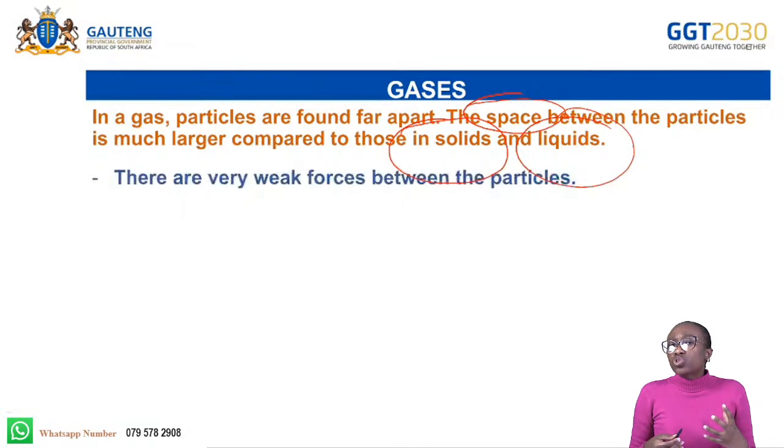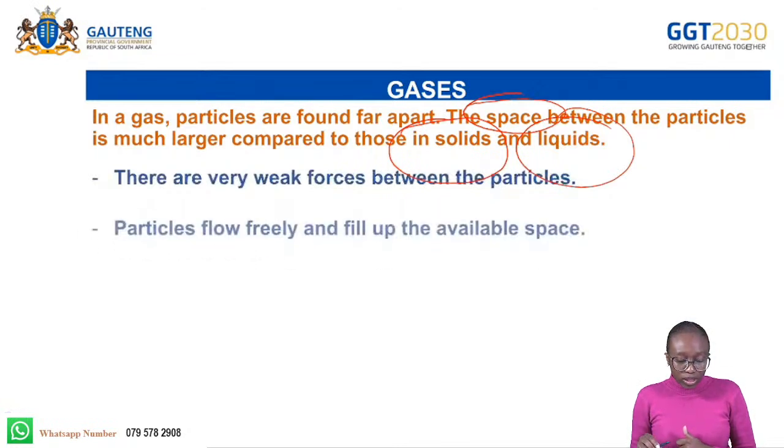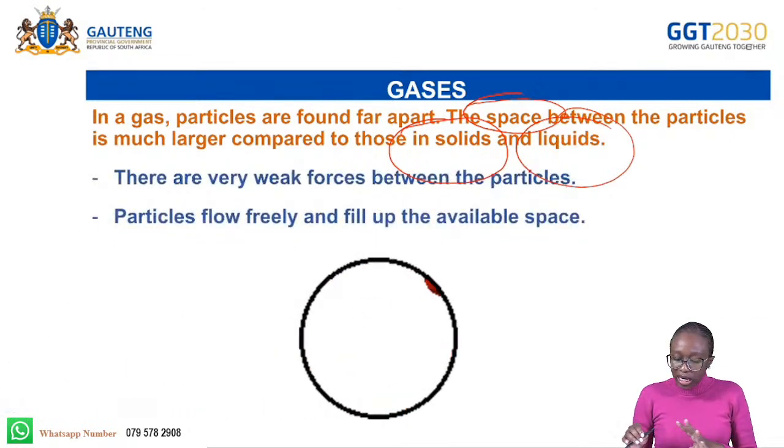Now, when we come to talk about forces of attraction, the forces of attraction between the particles in a gas are very weak. They are the weakest compared to solids and liquids, and particles flow freely and fill up the available space.